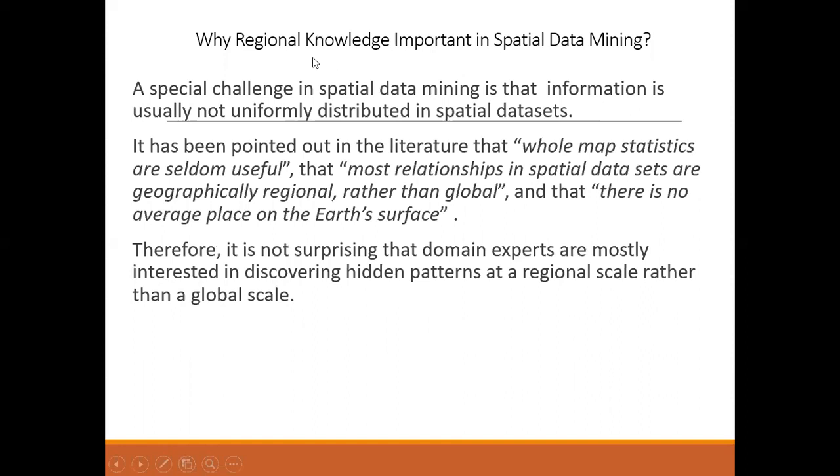Regional knowledge is of particular importance due to lack of global knowledge. Why is regional knowledge important in spatial data mining? A special challenge in spatial data mining is that information is usually not uniformly distributed. I underline, information is not uniformly distributed in spatial data sets.